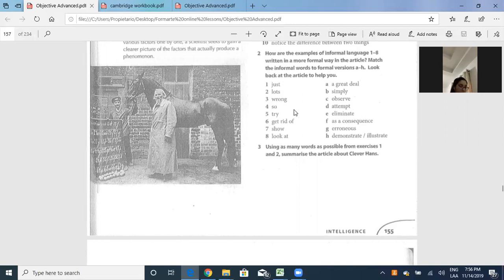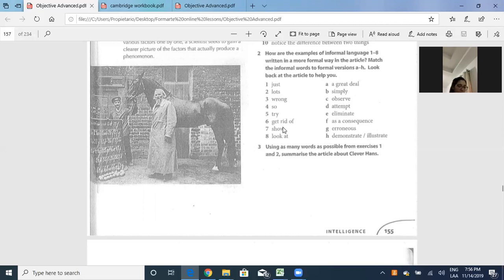Erroneous. Very good. What about so? Number 4. As a consequence. What about number 5? Try. Attempt. Then number 6, get rid of.